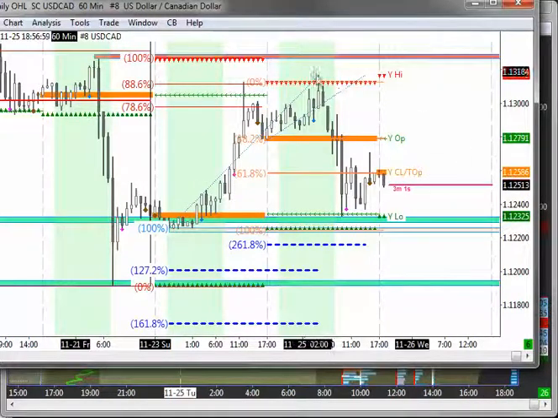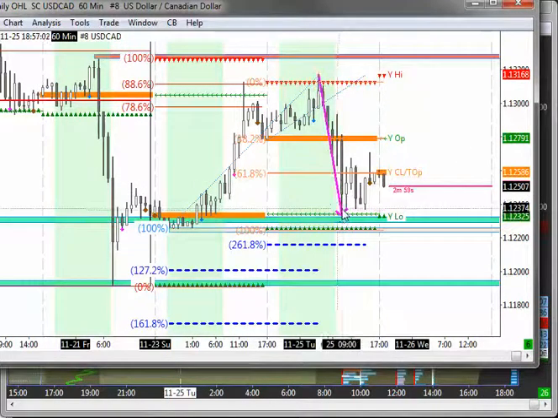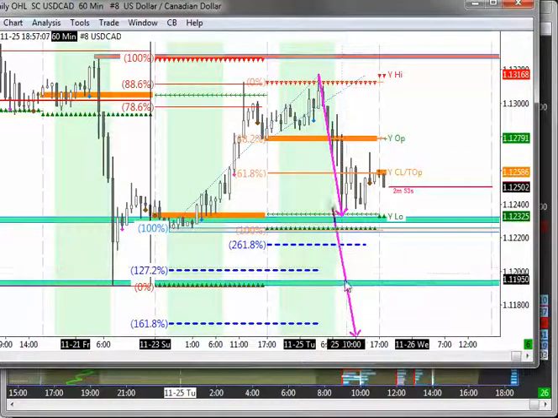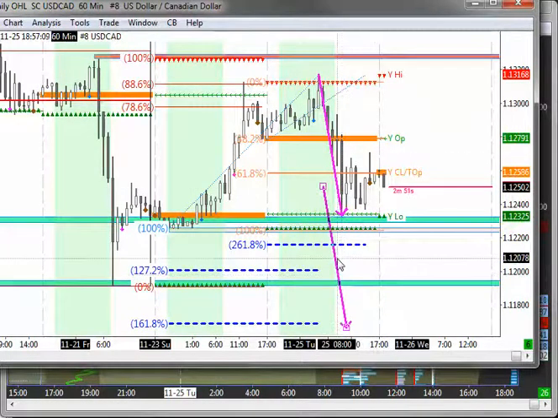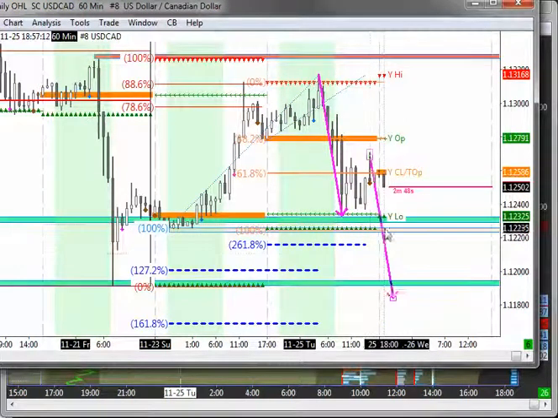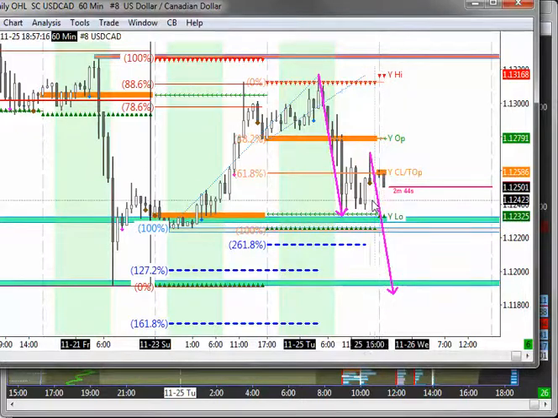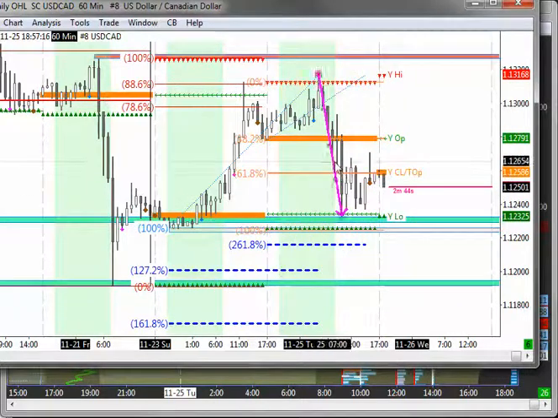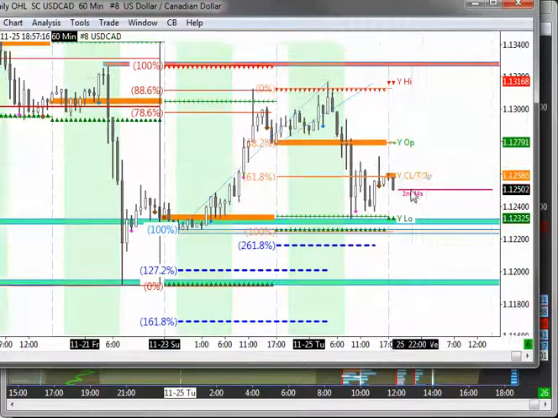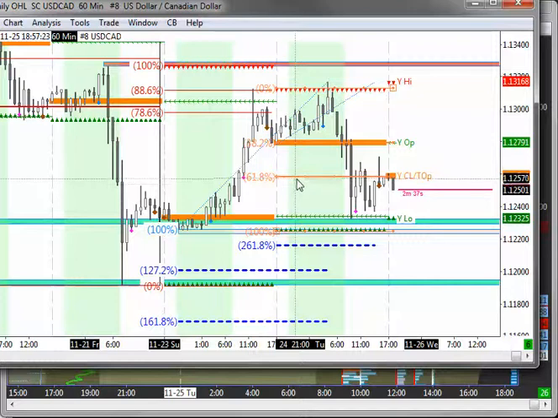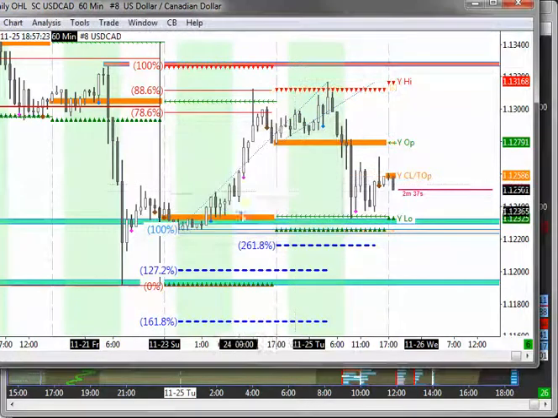And if it gets there, let's see what we got. That doesn't look too bad actually. So that's what it looked like. So this was not really in play.